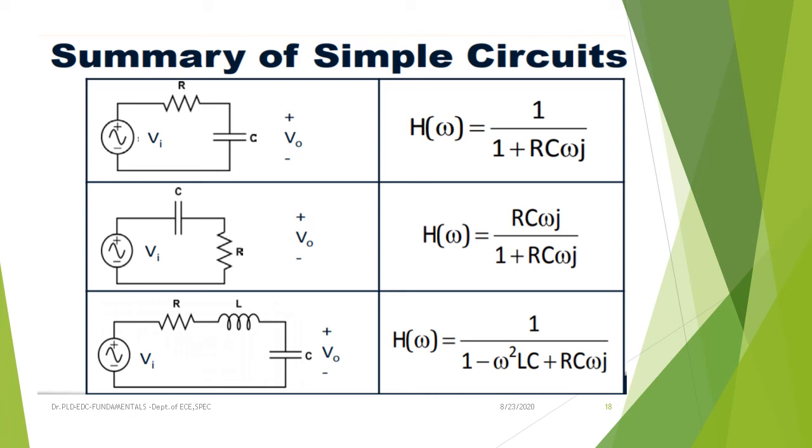So in place of the drop across the inductor, write L di by dt. Now we can have the equation totally in terms of I: the input voltage VI equals Ri plus L di by dt plus 1 by C integral of I dt.